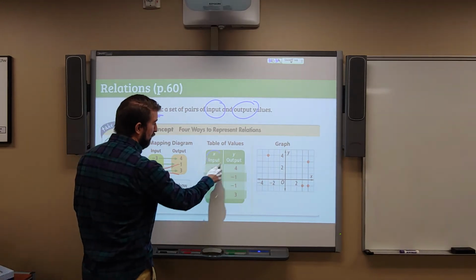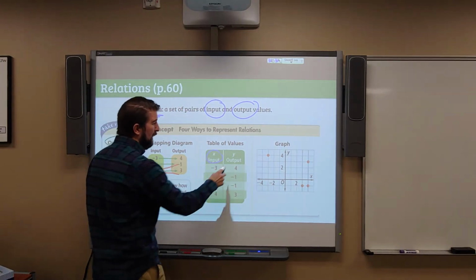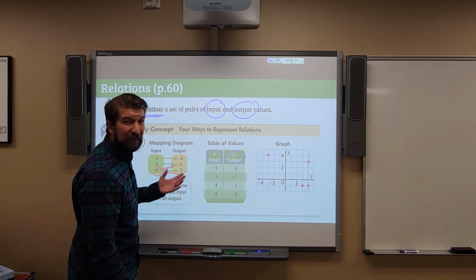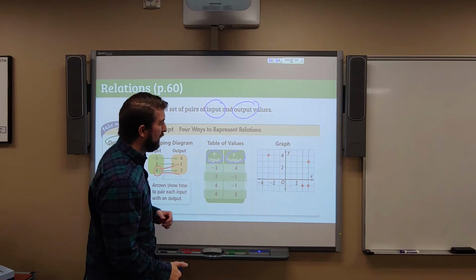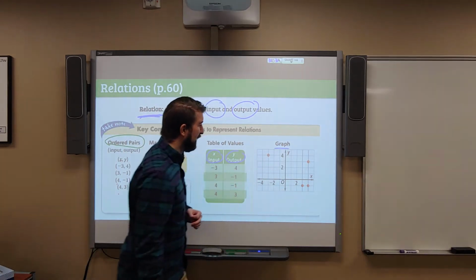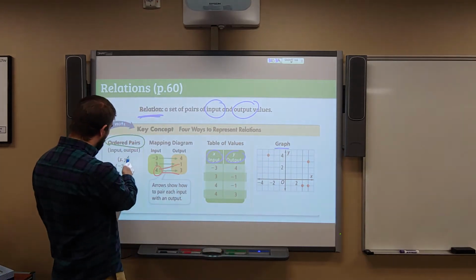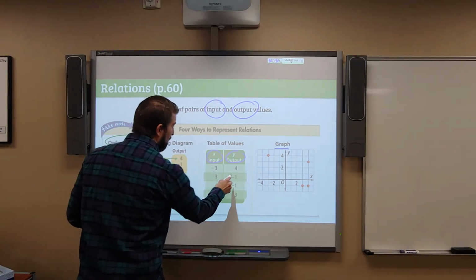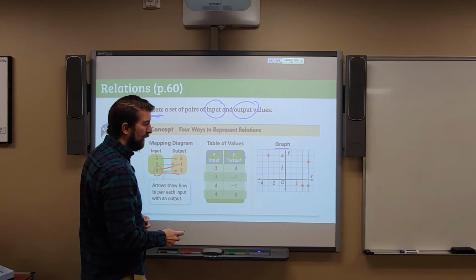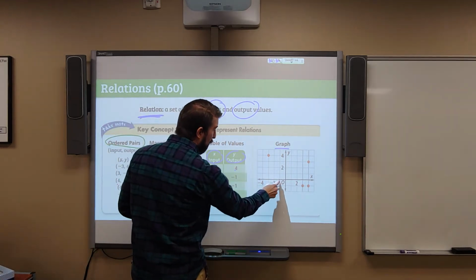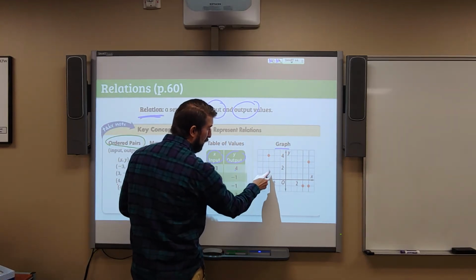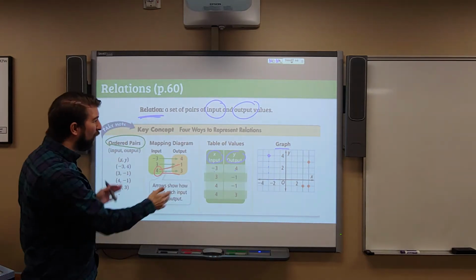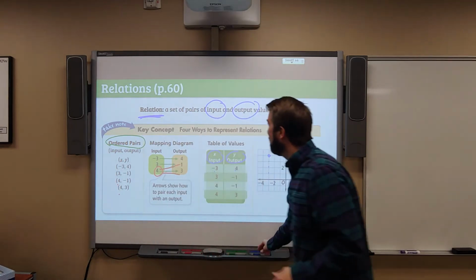The x's are the first, or the input, and the y's are the second terms, and those are what we call outputs. And then you've probably seen some graphs. So these are ordered pairs in graph form. So for instance, (-3, 4) is right here. You're going back 1, 2, 3, and up 1, 2, 3, 4, like that. So these are just 4 ways to represent relations.